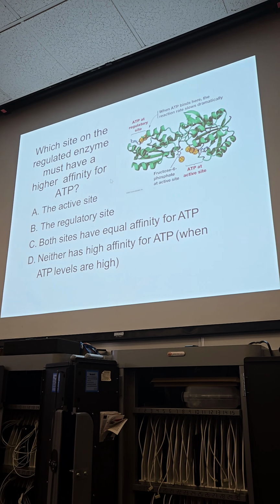I put C and D: both sides have equal affinity, or neither. Equal affinity, could be. Which site is absolutely needed to be able to bind? The active site. Therefore, the active site would be a higher regulatory function. Oh, there we go. We need the regulatory site to be able to leave and come as it goes.